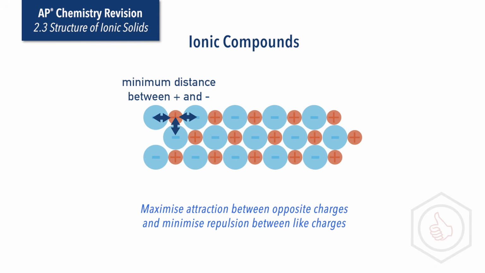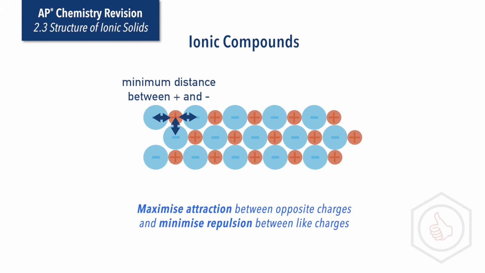Each ion is surrounded by multiple oppositely charged ions, helping maximize attraction throughout the solid crystal. You don't need to know the specific different types of crystal structure or unit cells, but you should be aware that oppositely charged ions will always arrange themselves to maximize attraction and minimize repulsion.